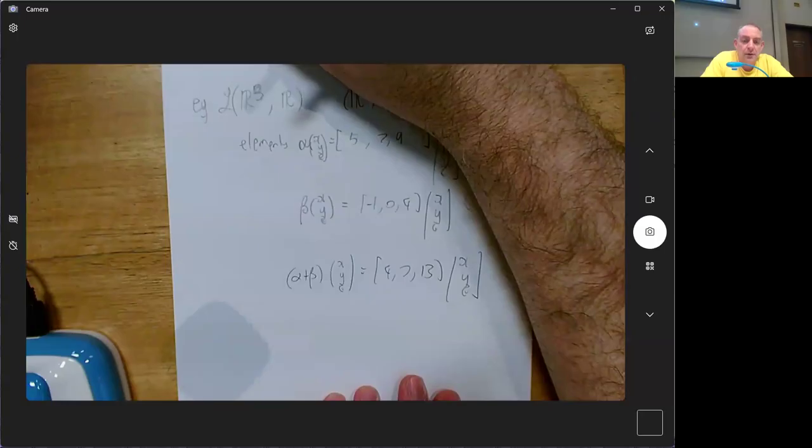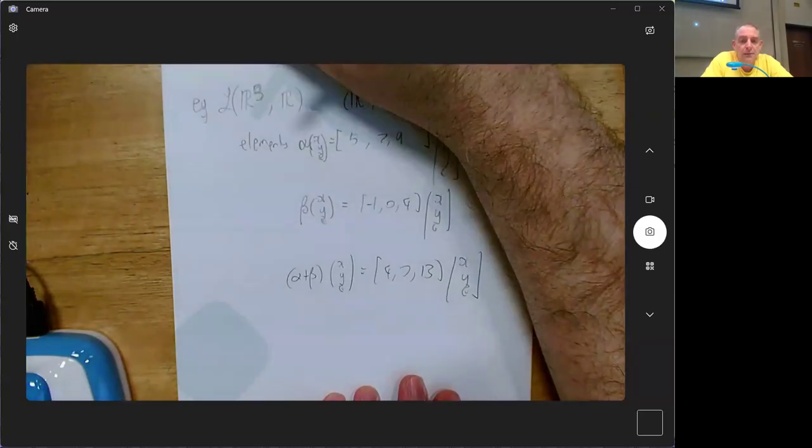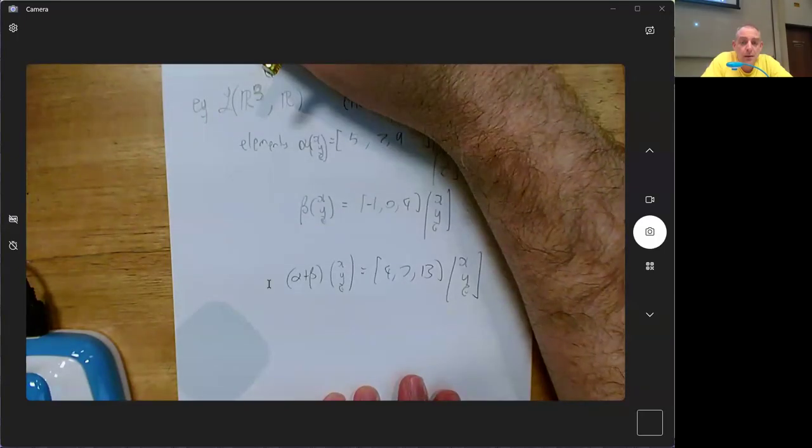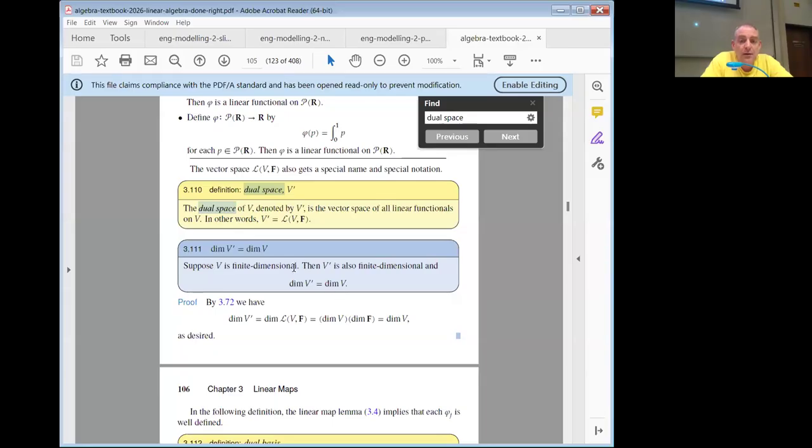Alright, let's go over to the notes again and have a look. Suppose V is finite dimensional, then V dashed is also finite dimensional and the dimension is equal to the dimension of V, which we just discovered when we did that example.